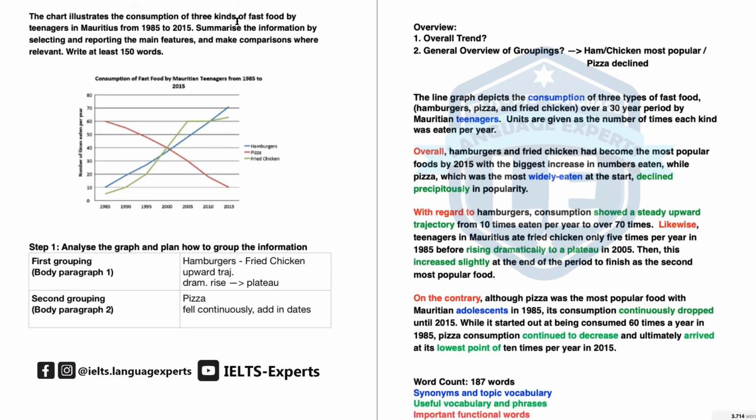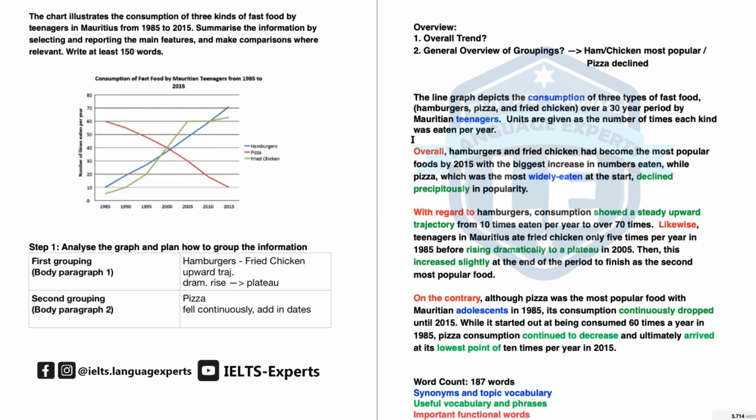And again, if we look at how we were able to paraphrase this, our writing prompt says the chart illustrates. We've said the line graph depicts. Again, same idea, it's just using different words. And here we see 3 kinds of fast food, and here we have 3 types of fast food.